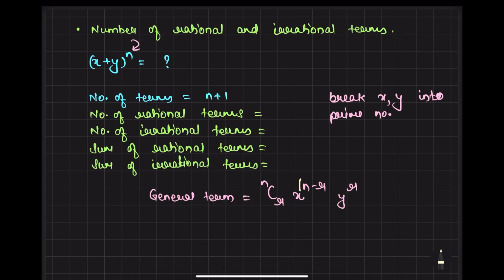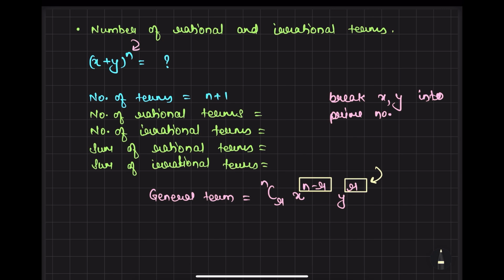Suppose, in this kind of situation, you may be comfortable with this part or you may be comfortable with this part. So choose any one of them. Suppose you got this as the comfortable situation.